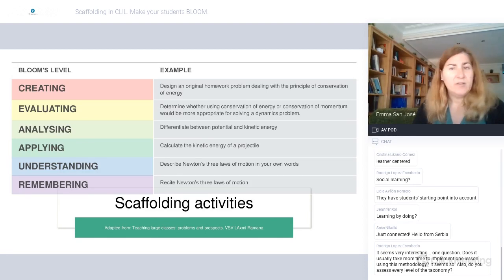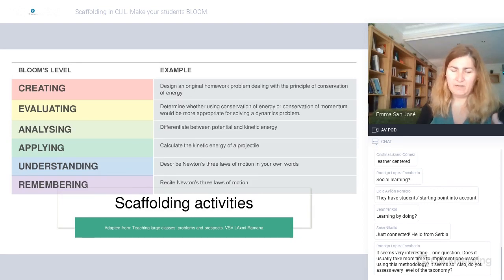Do you assess every level of taxonomy? No. For assessment, let's say that what I do is I use two types of assessment. I use formative and summative assessment. So formative assessment is the typical classwork punctuation that you give them. So you're observing their progress, and that's what you assess. If the activities are well planned and well designed, it's going to help you see where they are in their learning process.